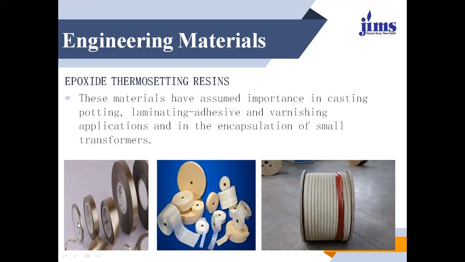These are the steps showing how we make the insulation over the transformer winding, insulated to prevent a connection between the two windings. So epoxide thermosetting resins are used for this.